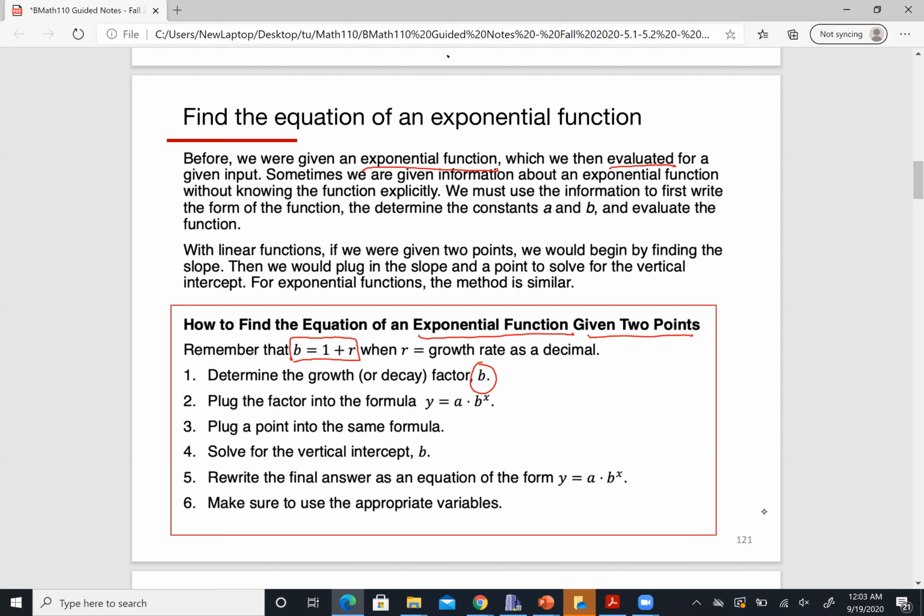So plug the factor into the formula y equals a times b to the x.